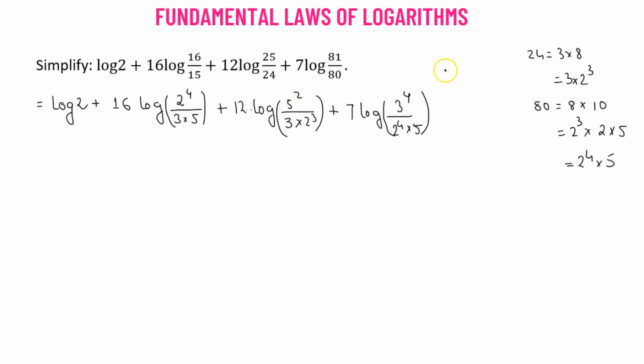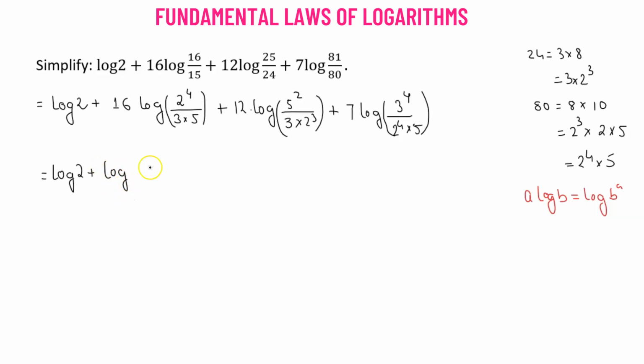Next, we will use a property of logarithm, that if we have a times log of b, this is also the same as log of b raised to the power of a. So we'll use this property to simplify our second, third and fourth term. So let's rewrite it. We have log of 2 plus, we'll raise 16 as the power.